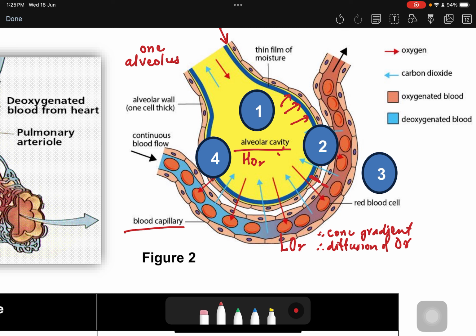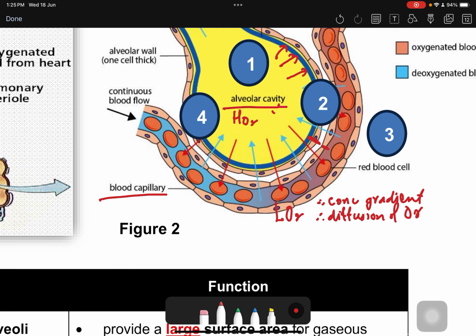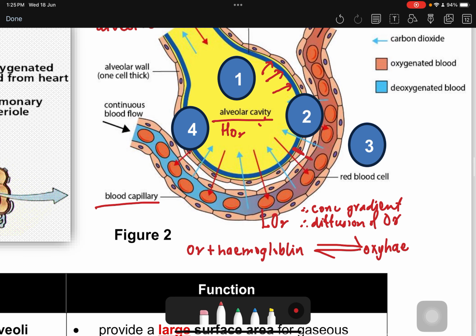So in step number 3, oxygen will combine with hemoglobin to give you oxyhemoglobin that will be transported around to the rest of the body, and it's a reversible process.